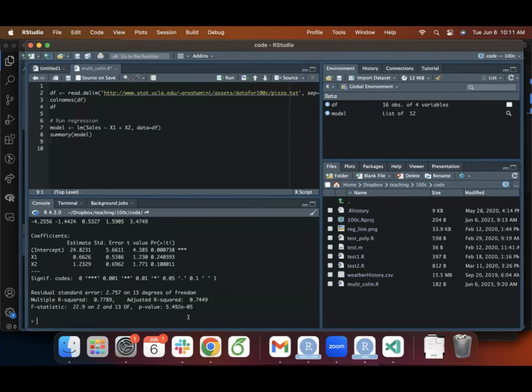It's testing that, and using an F test we can see the two constraints, beta 1 is equal to 0 and beta 2 is equal to 0. That's the 2. And then 13 is the same as this. So this statistic is the F statistic for that particular test that we have seen, significance of linear relation, or what we call ANOVA. It's one of the first ANOVAs that we discussed. So that gives you that, and the p-value.